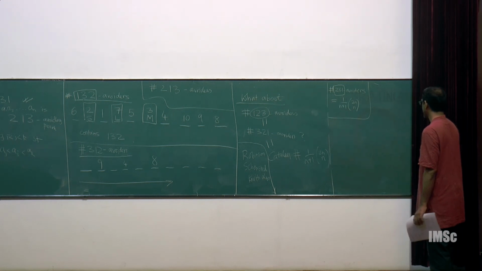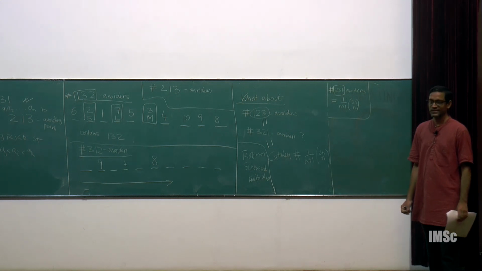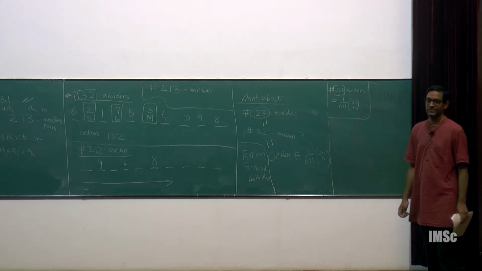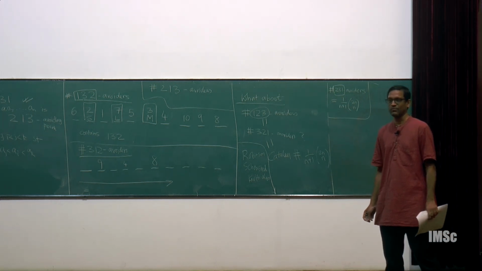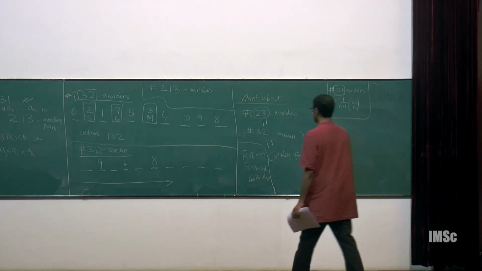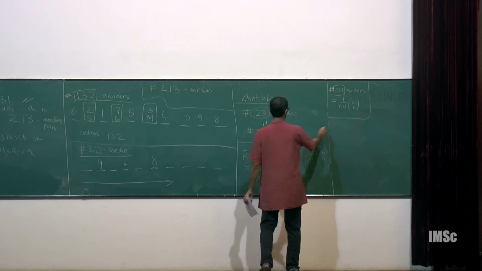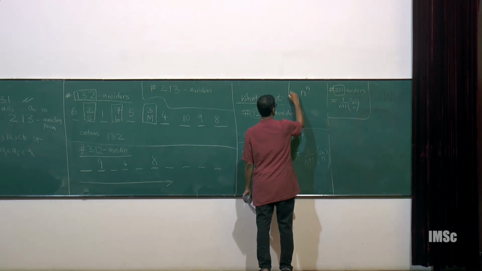What does this binomial coefficient look like? It's more like something to the n, like some constant to the n. So that's what the Catalan number looks like. In a sense, the full universe of permutations grows like n power n. This is all permutations.